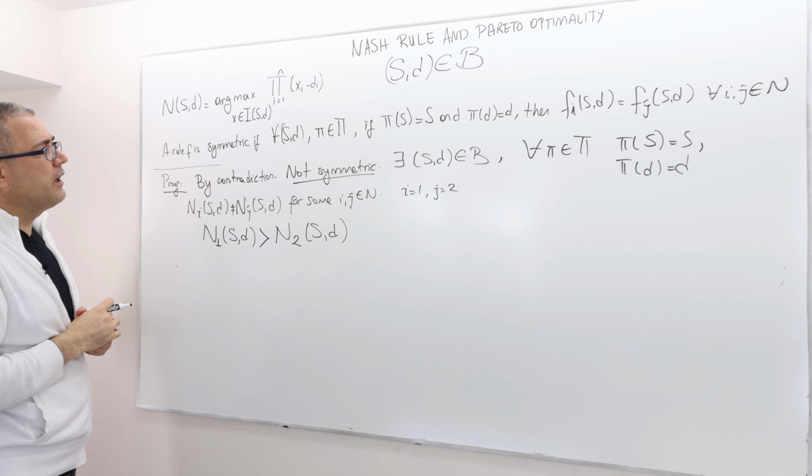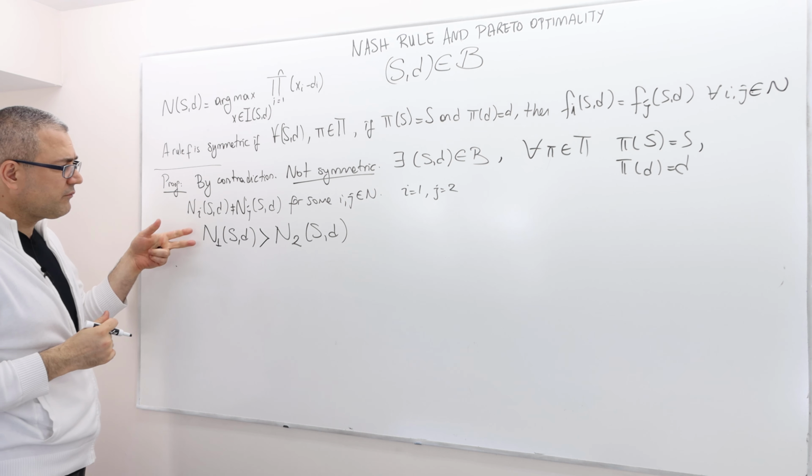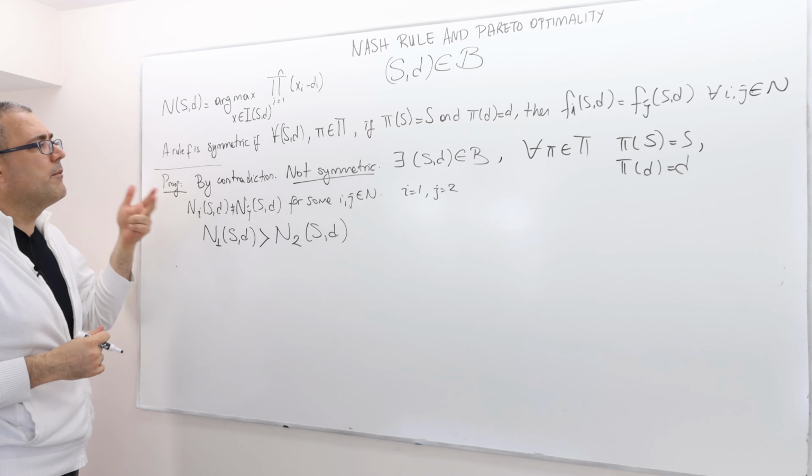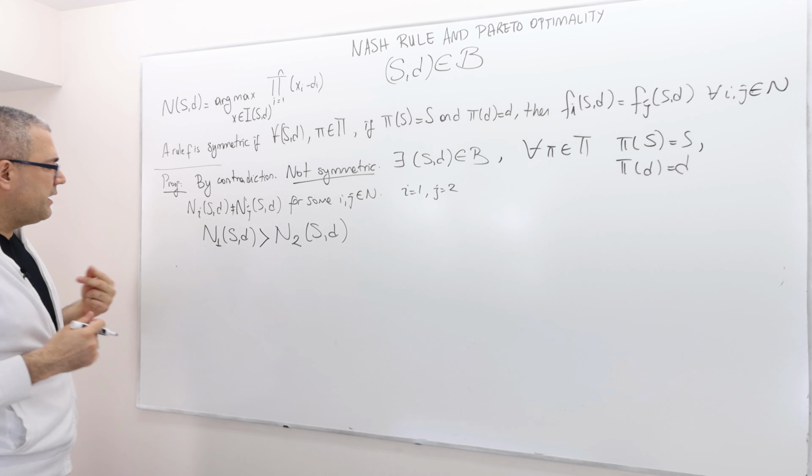All right, so what am I trying to do now? Well, from this, I will continue with logical deduction, and hopefully we'll come up with some contradiction. So here's what I'm going to do.